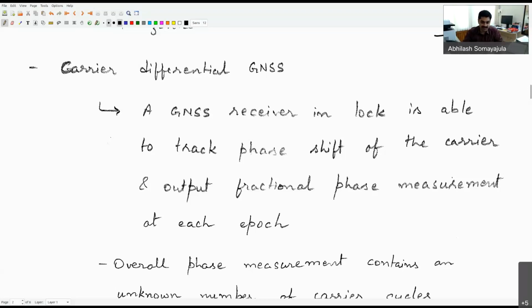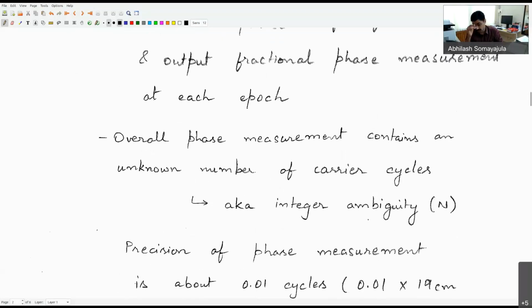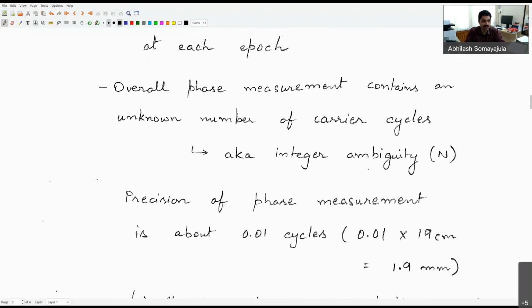Typically the precision of this phase measurement is roughly about 0.01 cycles. So how much off I am, 1/100th of a cycle, I can measure precisely using the newer GNSS receivers. And based on those measurements, I can figure out what my error in the localization is.